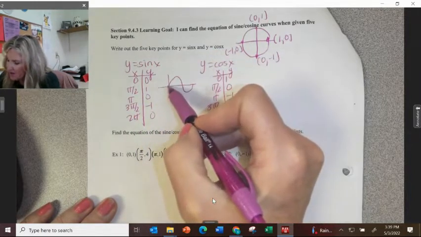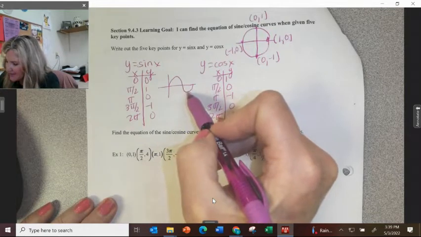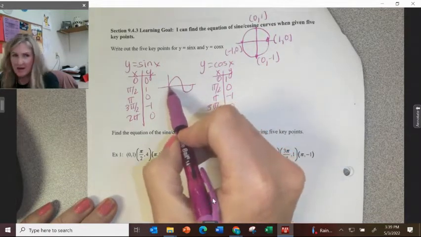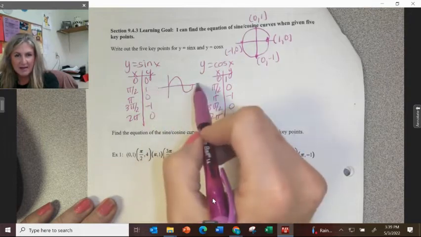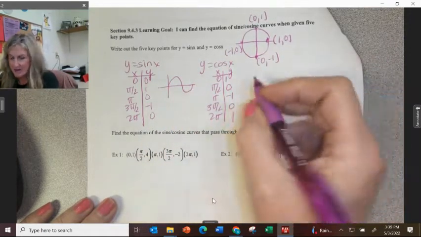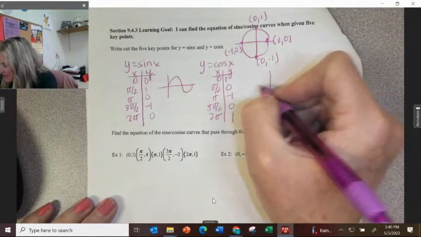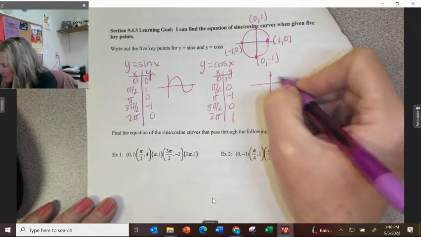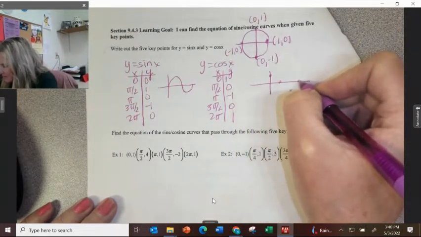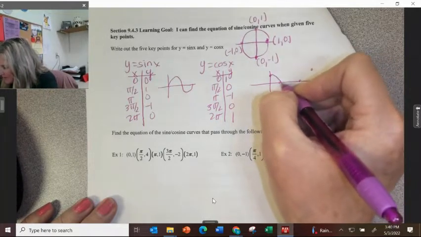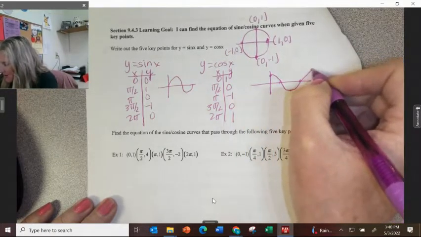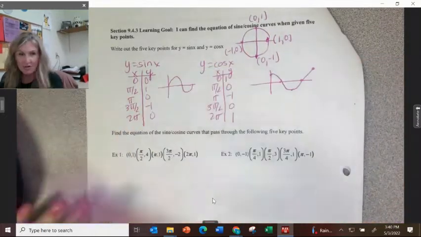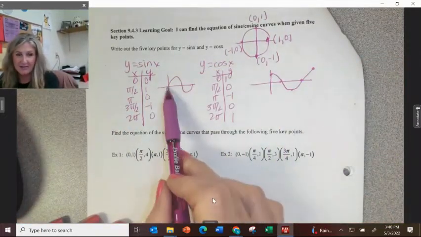Sometimes I'll say on, up, on, down, on. When I say on, I'm talking about on that sinusoidal axis or that midline. That means the same thing. Then for cosine, let's look at that pattern. This pattern goes 1, 0, negative 1, 0, 1. So for this pattern, we're up, on, down, on, up. That's a way I like to think of it.